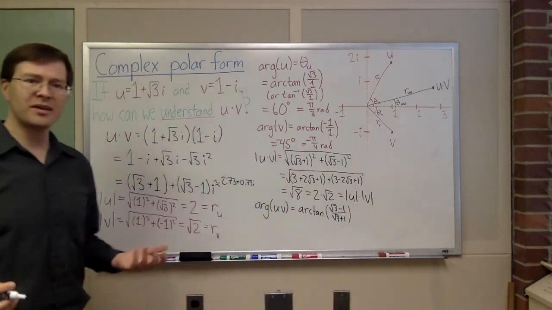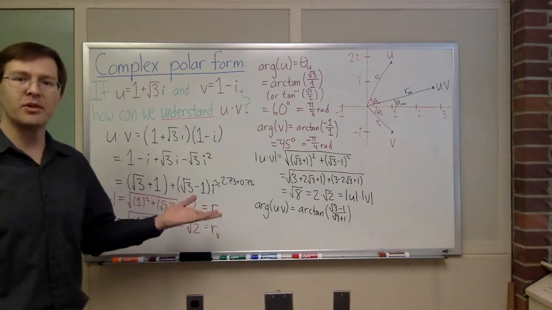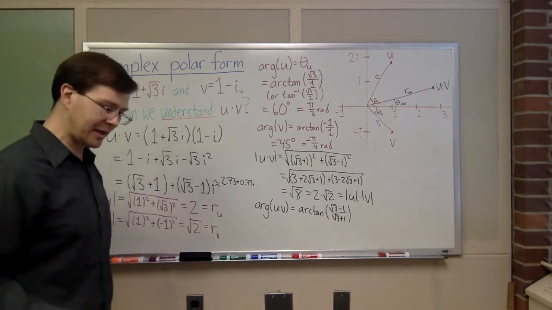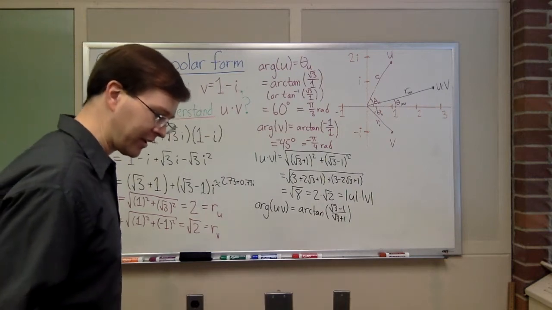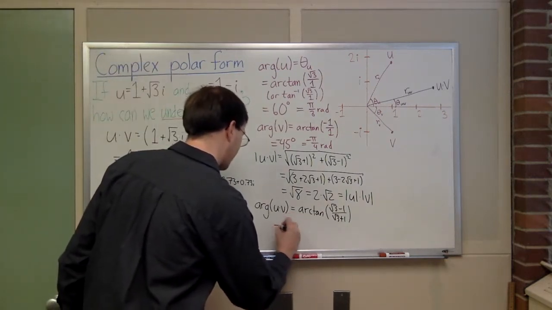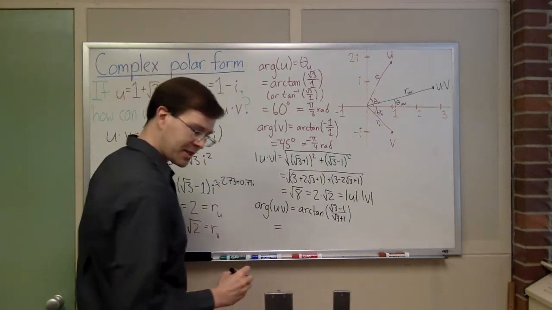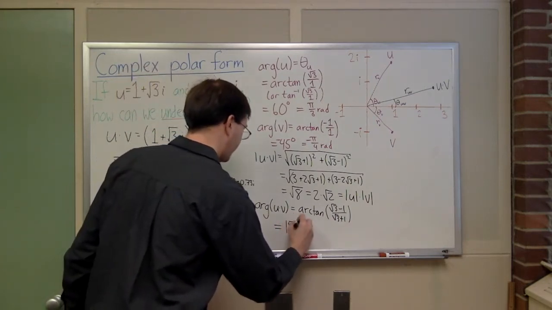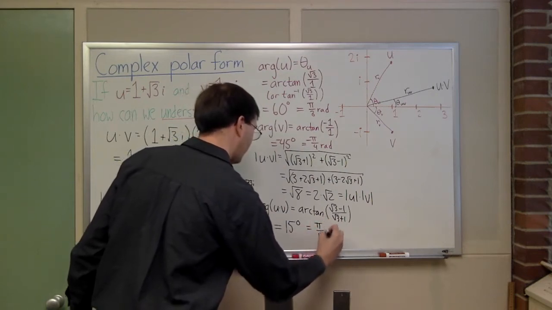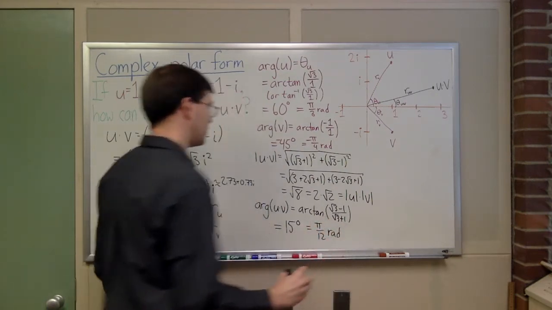And maybe you know some way of figuring that out precisely. I didn't at first. I plugged this into some calculator or something, but it turns out it actually gives an exact answer, or at least a very clean answer. It comes out to be 15 degrees, or pi over 12 radians.